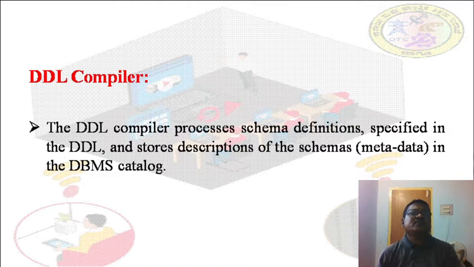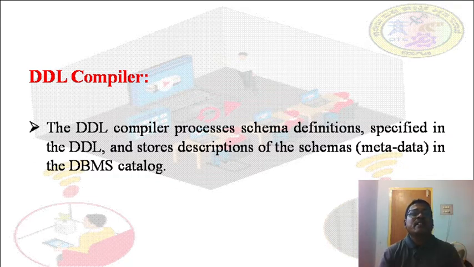Next module, the DDL compiler. Already we learnt what DDL, data definition language, means. That means we have written the language statements and we have to compile them. For that we use this module, the DDL compiler.